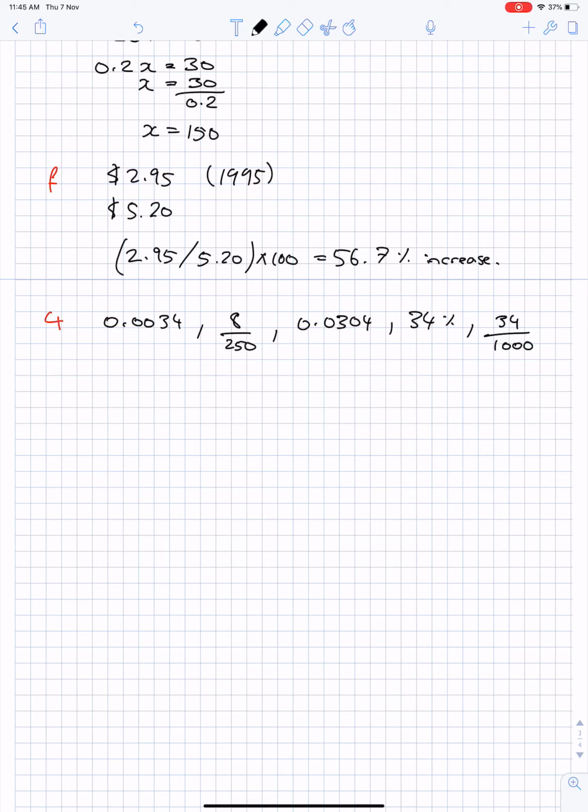Well, let's simplify our job and write them all as a decimal.